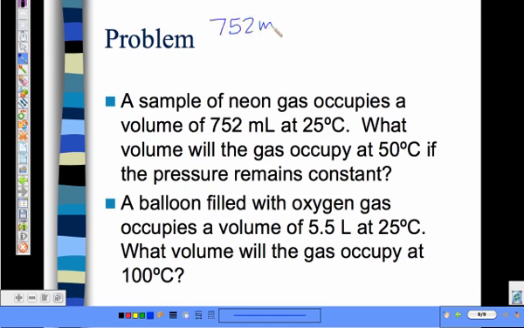And that's going to be over what? Right, we have to change it to Kelvin. So 298. And we're looking for our new volume, so V2, over what's our temperature? 273.